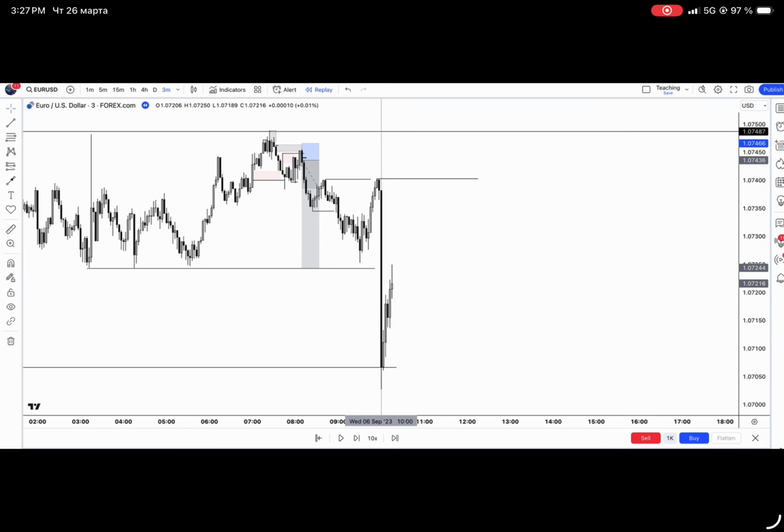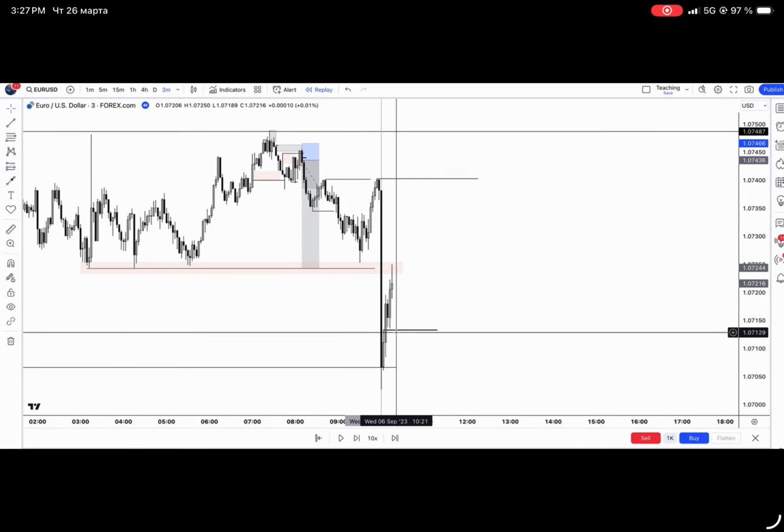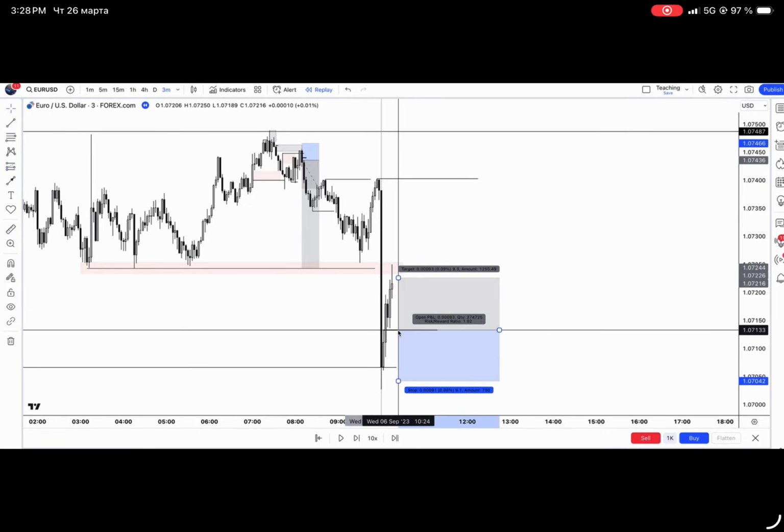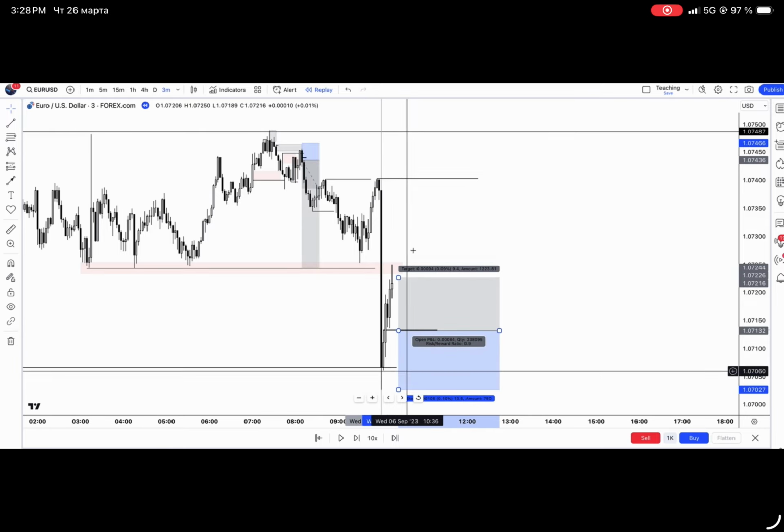Look how we pull back to this area here, right? Previous support turning into resistance. Sellers are going to be interested in selling from this area. We are going to be buying into that, okay? Nice liquidity block. Also left a low there, right on top of it. Take it like this.